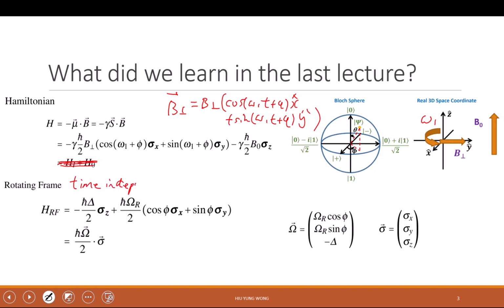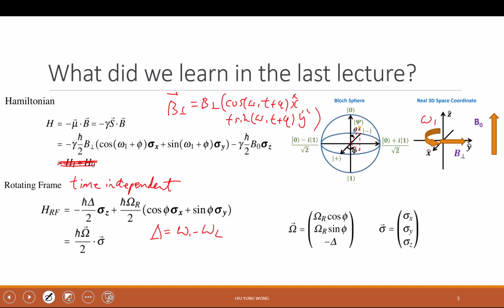It does not depend on time, and it has three terms: one related to sigma z, one sigma x, and another sigma y. The sigma z term has a delta, the so-called detuning, and delta should be equal to omega 1 minus omega L.